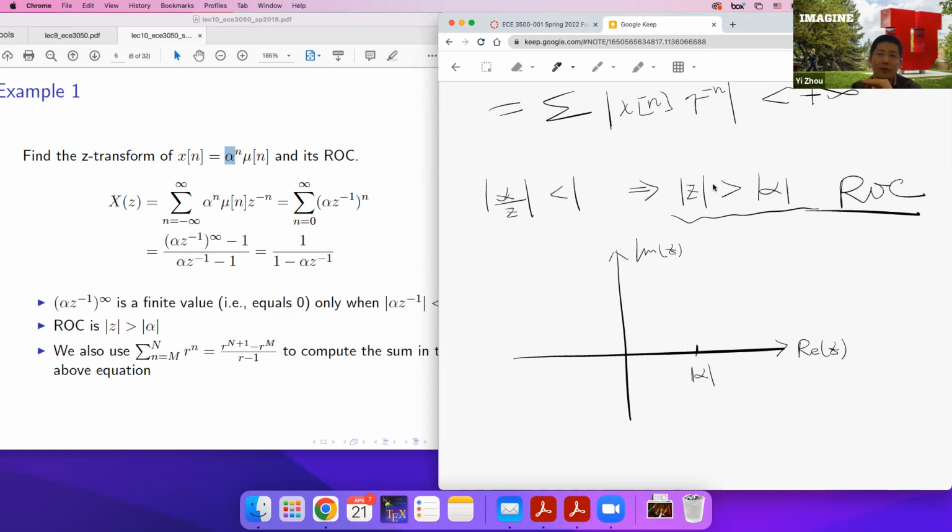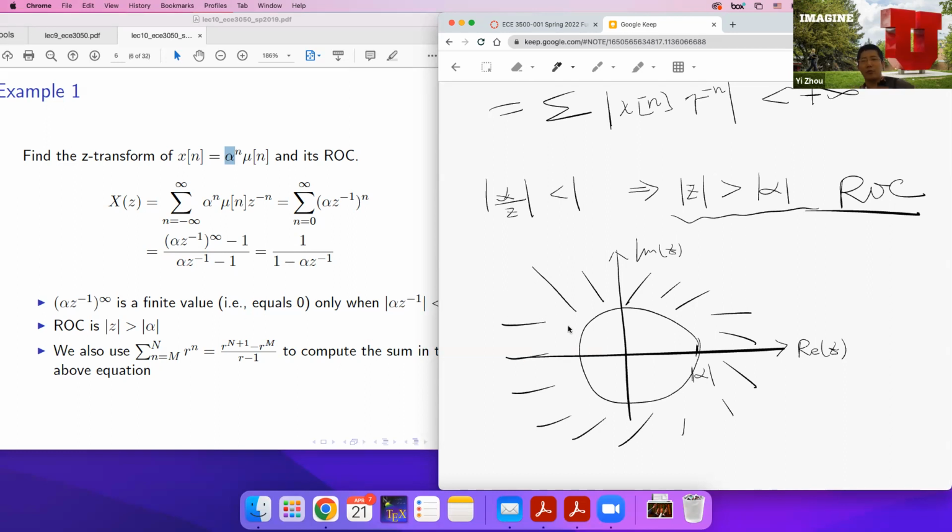Then the magnitude of Z bigger than the magnitude of alpha corresponds to drawing a circle with the radius of the magnitude of alpha, and then the region outside this circle gives the ROC. So in this region, all the complex numbers have a magnitude bigger than alpha, right?